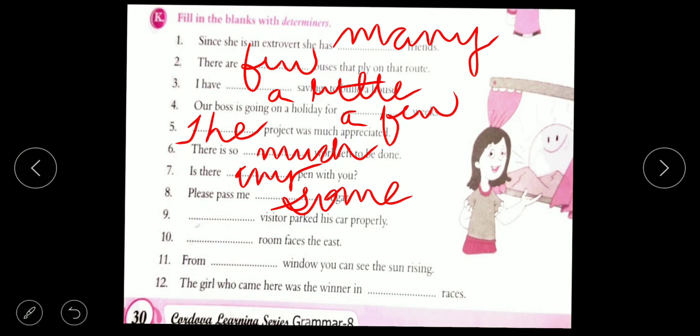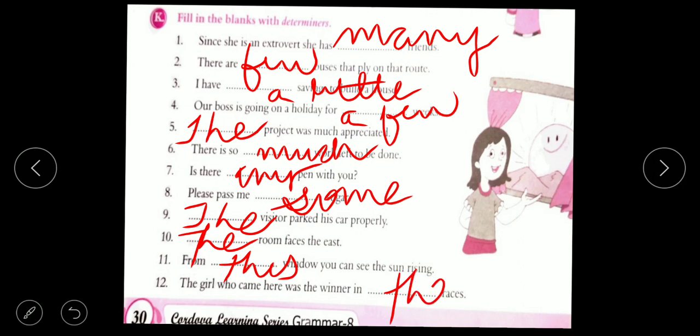The visitor parked his car properly. The room faces the east. From this window, can you see the rising sun? The girl who came here was the winner in the races.